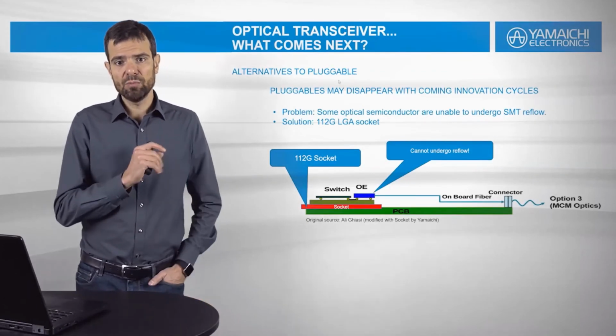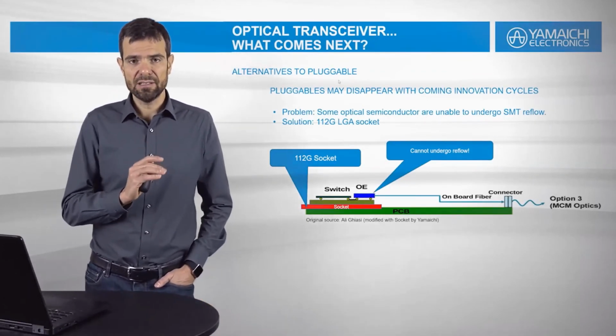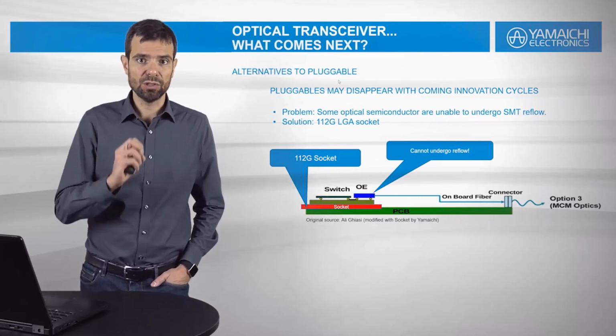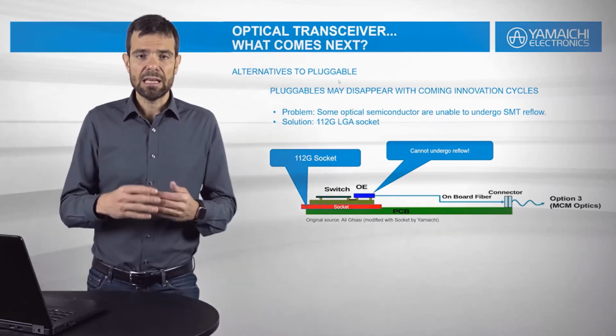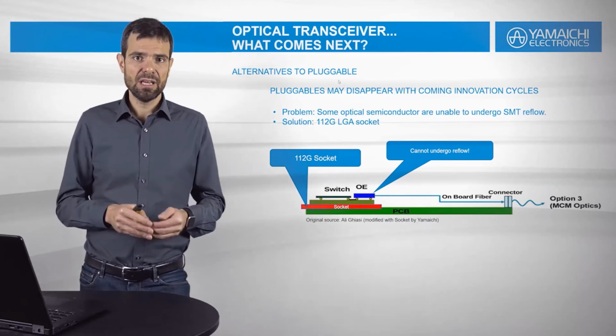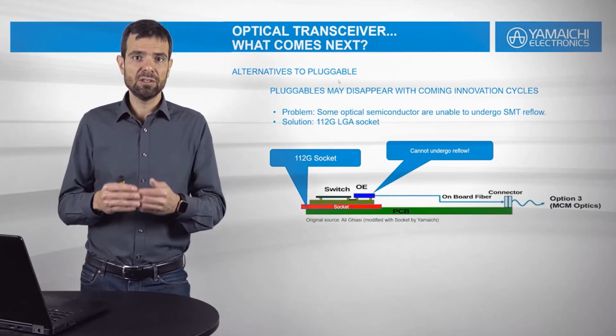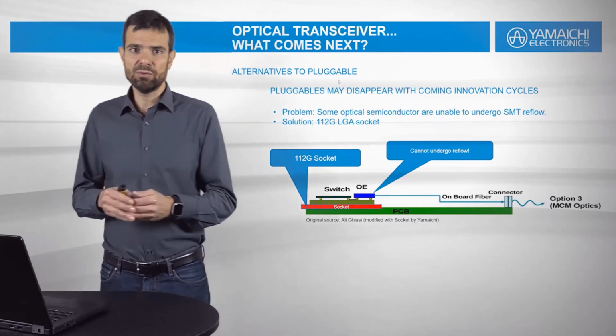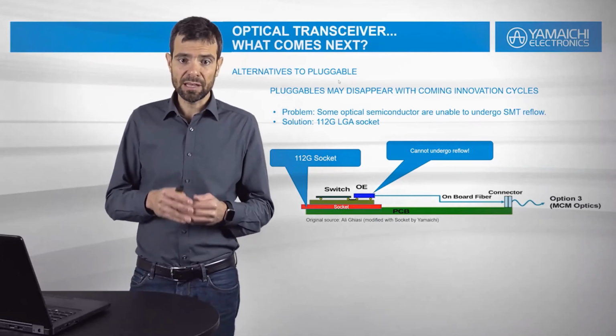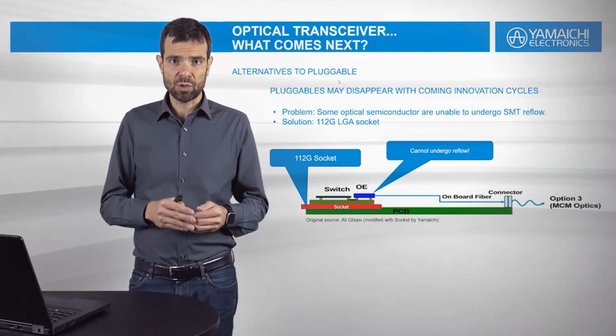So the problem with optoelectrical interfaces embedded on a PCB or on a multi-chip module is that they are sensitive to heat and in many cases cannot undergo the SMT reflow. Therefore, we install a socket.